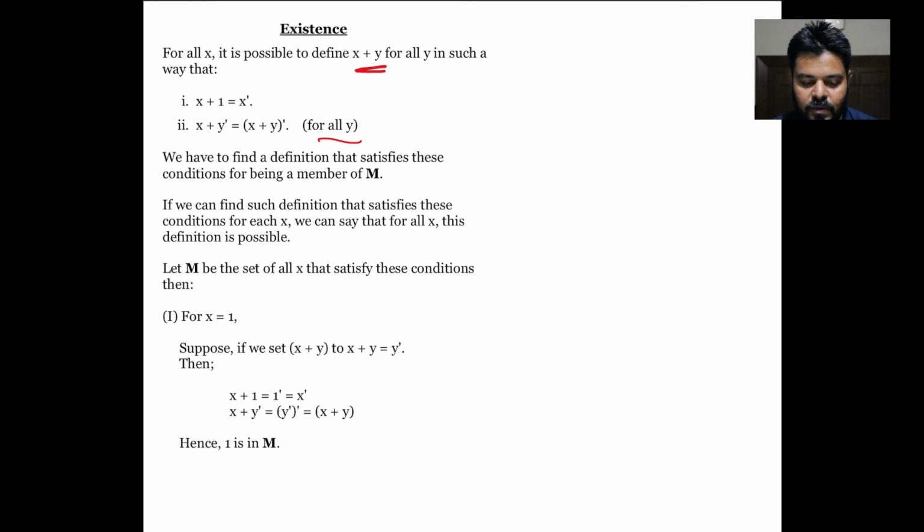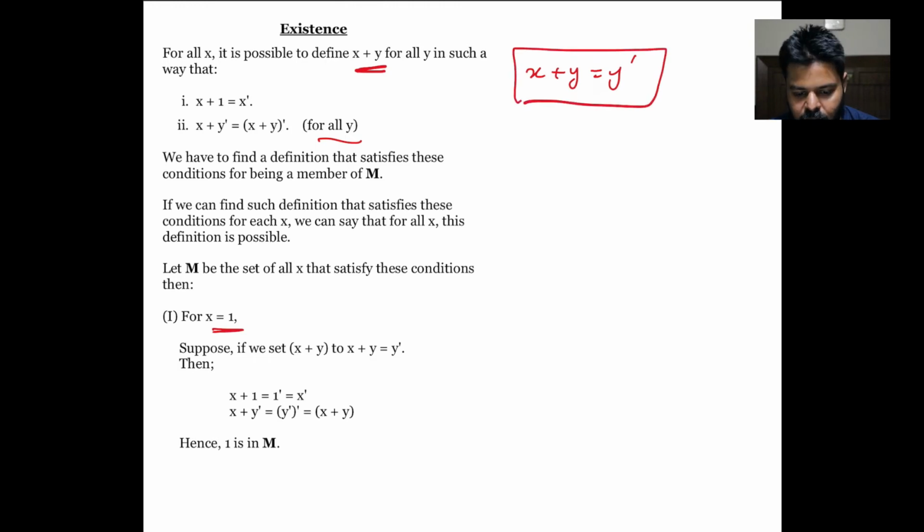So we will assume that there is a set M, the set of all x that satisfy these conditions. Then for x equal to 1, the first case of induction, we have to suppose this. This supposition is what we require to satisfy that these two properties hold, and so existence would be proved. This is the required number.